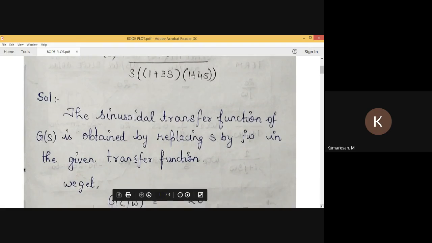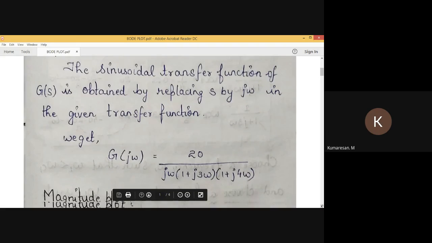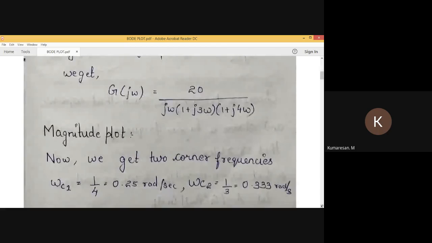G of J omega equals 20 divided by J omega into 1 plus 3 J omega into 1 plus 4 J omega. Don't split J and omega separately; you have to put 3 into J omega, or J omega into 3.